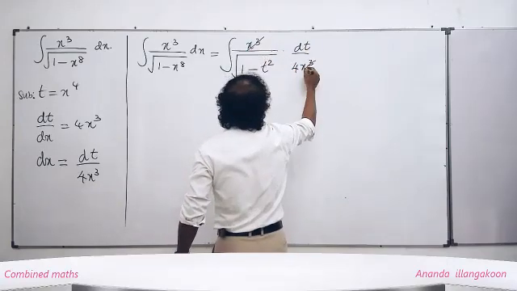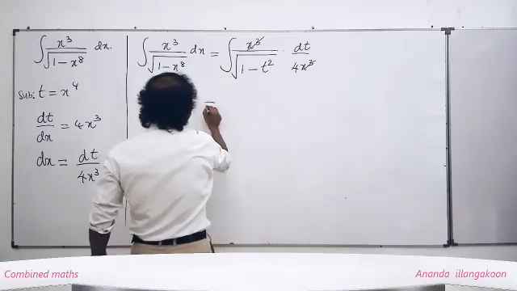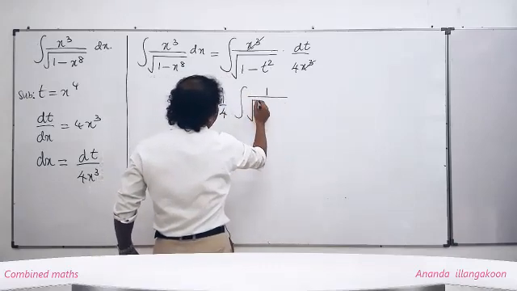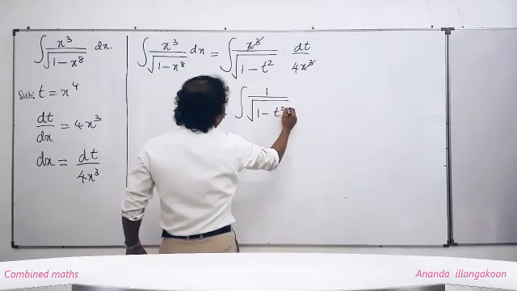These two can cancel now. Take this 4 as 1 by 4, 1 over root 1 minus t squared, dt.